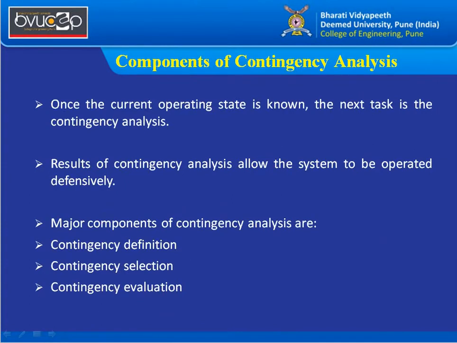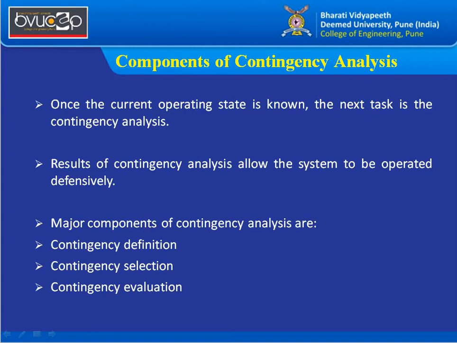Then let us see the next part, that is the components of contingency analysis. So as I've mentioned, we should know the current operating state of the power system, which is going to be helpful to decide the new task when it is going to operate for contingency analysis. So based on various operating states, the contingency analysis can be considered. Like suppose if the system is in an emergency state, then the inequality constraints are lost.